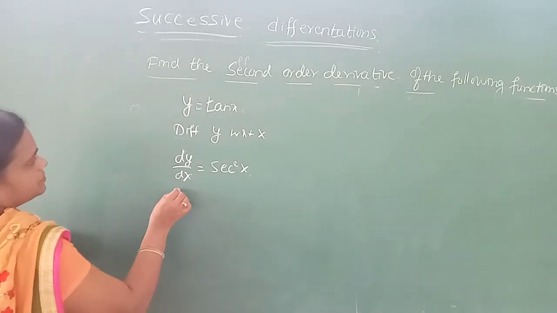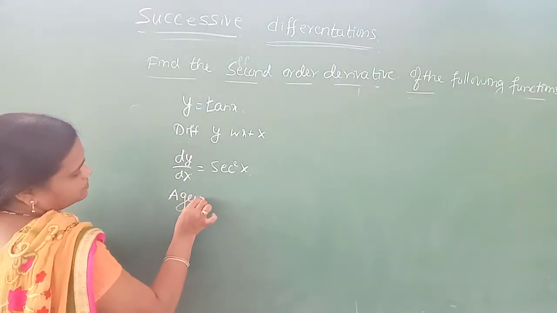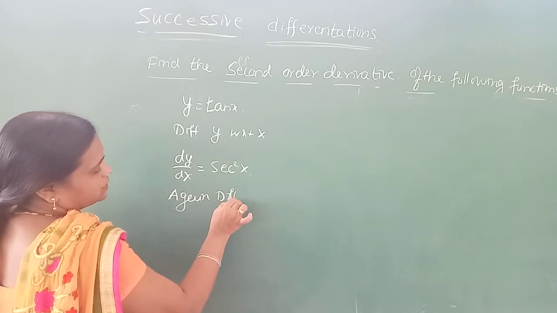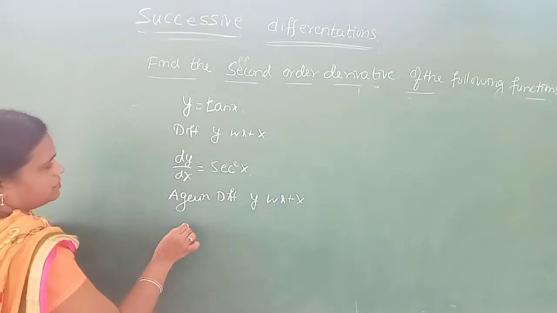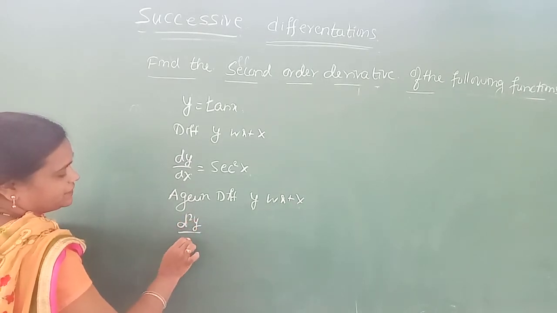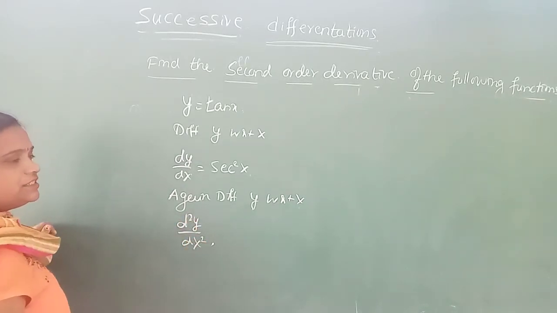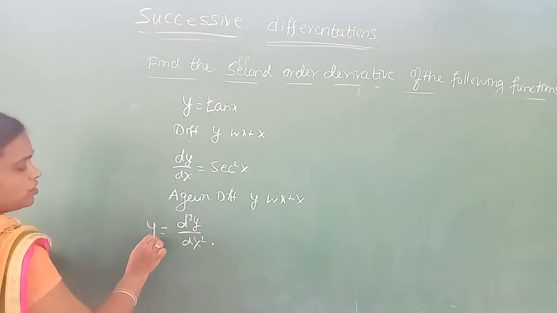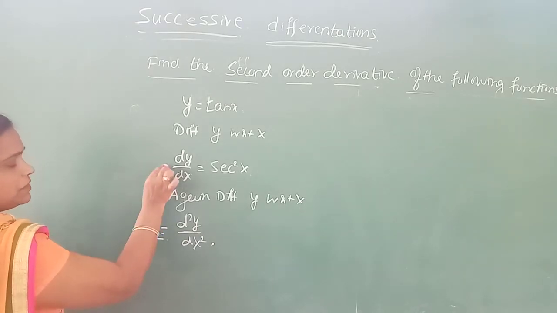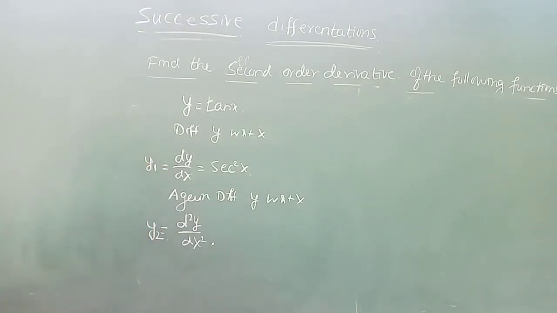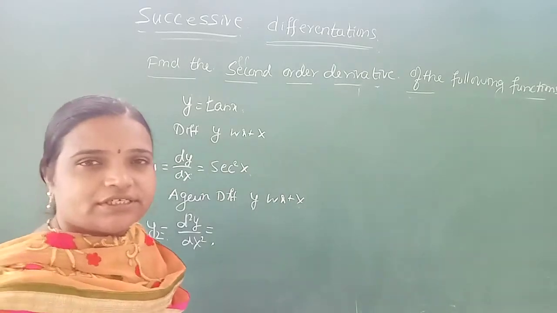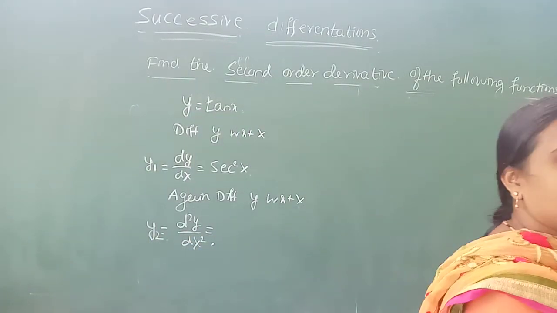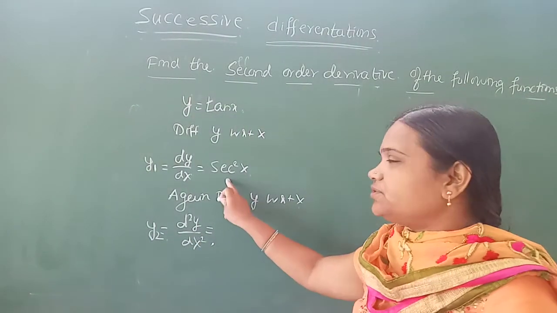Next, again differentiate y with respect to x. That means we can write d2y by dx square. See, d2y by dx square or y2, both are similar. dy by dx or y1, both are similar. That is the symbolic representation. And this is sec square x. Square differentiation is 2 times, function of function.